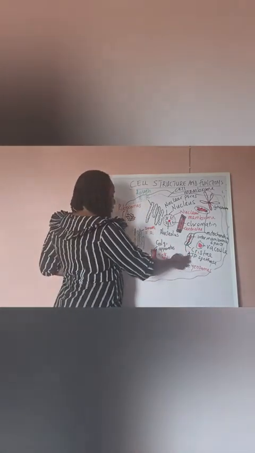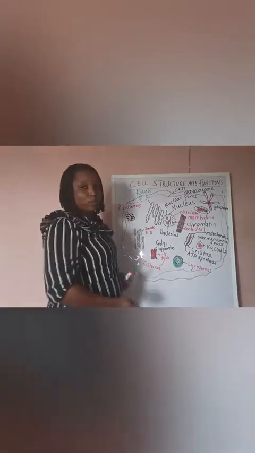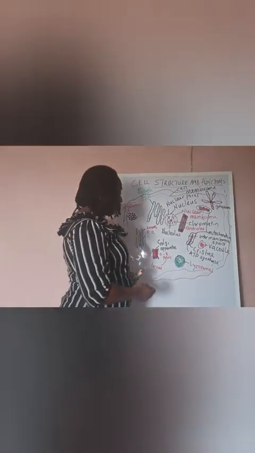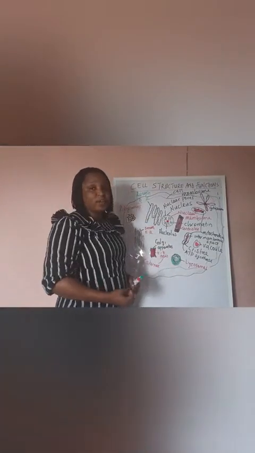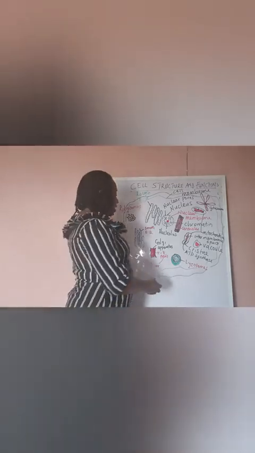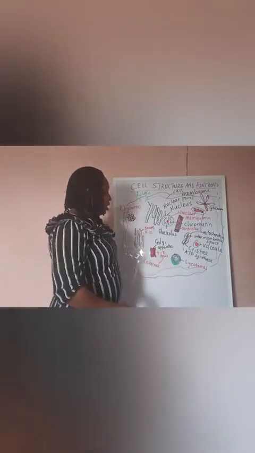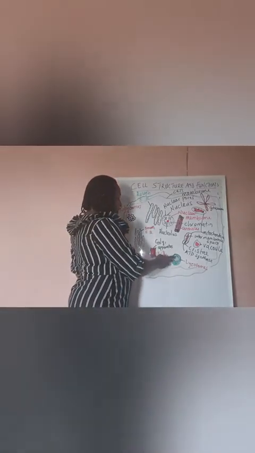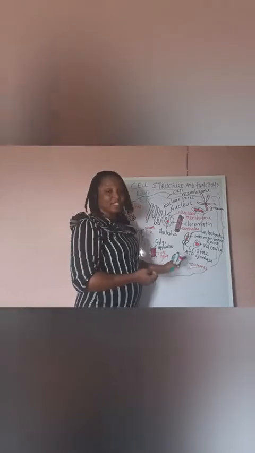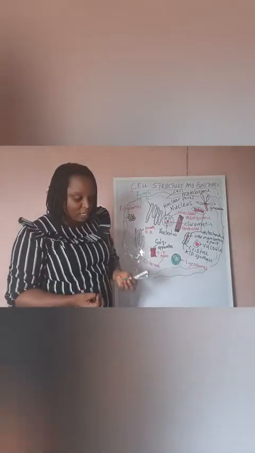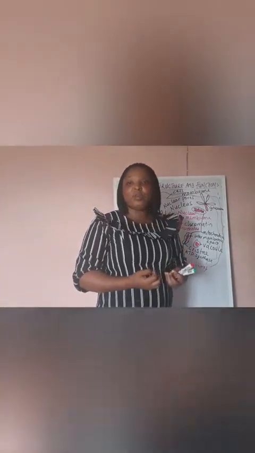So we also have this organelle here. We call it lysosome. This lysosome is an organelle that is membrane bound and spherical, as you can see from the shape. It is generated from the Golgi apparatus and it is acidic in nature. So what is the function of a lysosome?